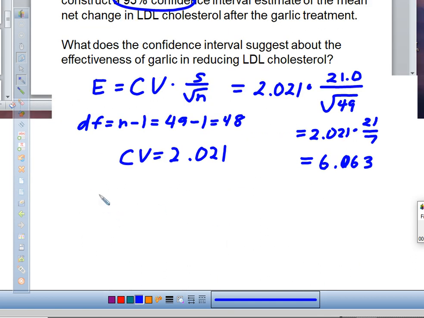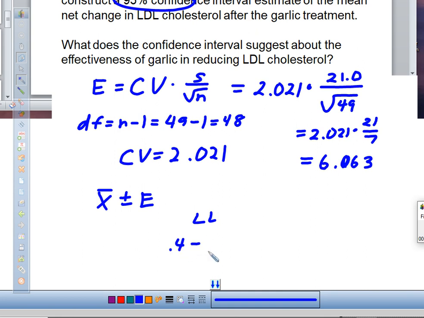So I'm going to do my x bar plus or minus my error. My lower limit is going to be x bar minus my error. My x bar was 0.4.